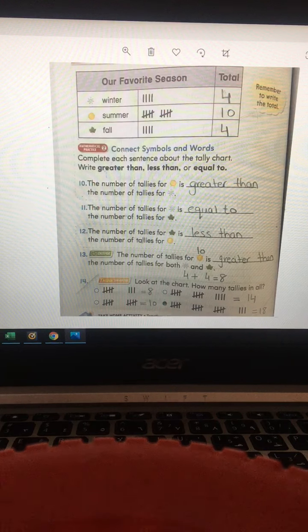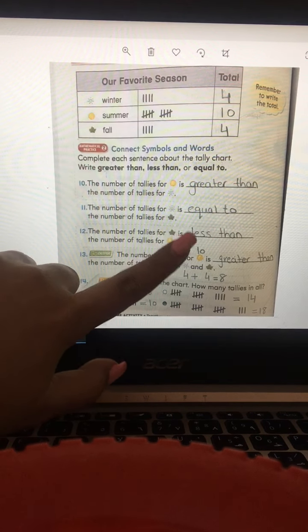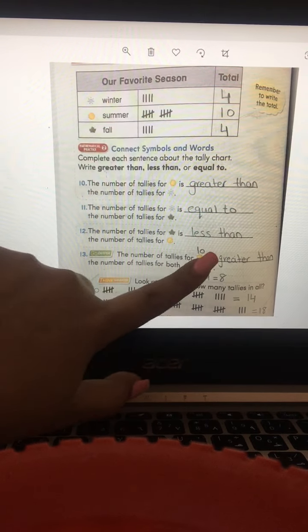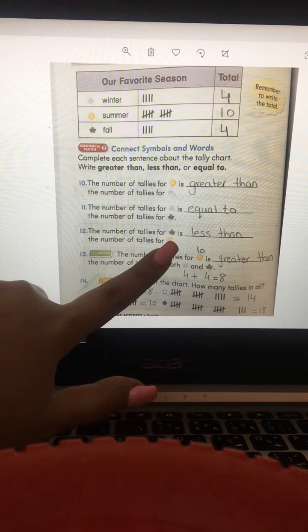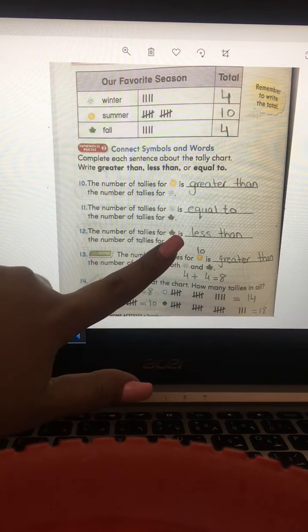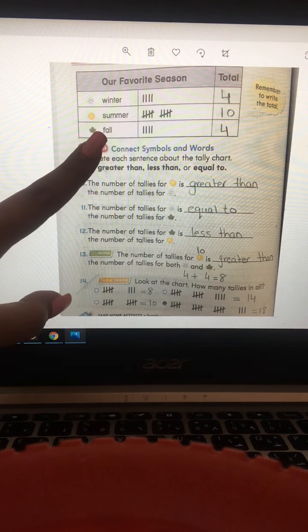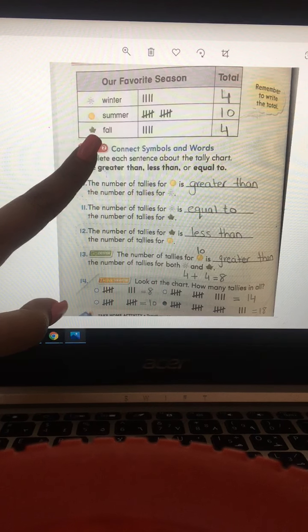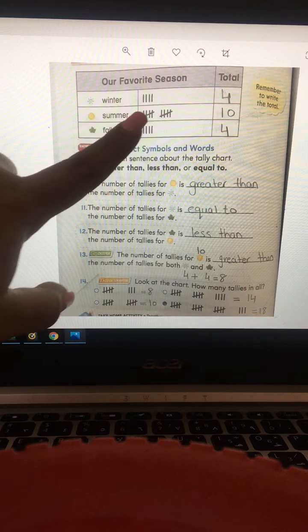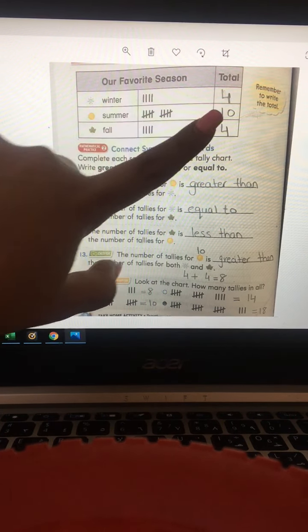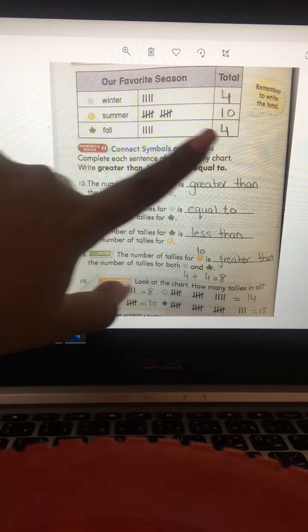Question number 12. The number of tallies for fall is what the number of tallies for summer? The number of tallies for fall is less than the number of tallies for summer. Why? Because the number of tallies for summer is 10 and for fall is 4.